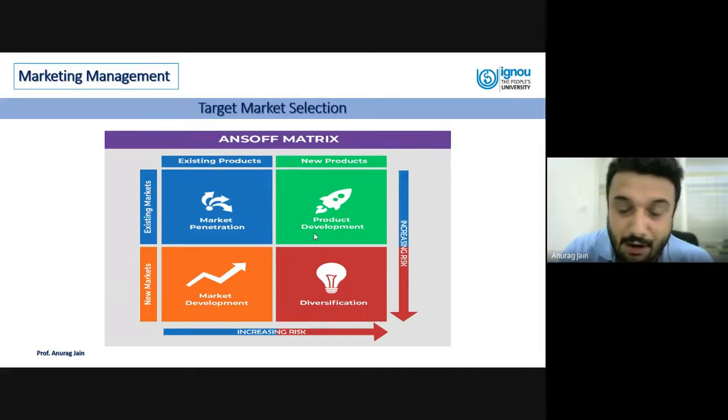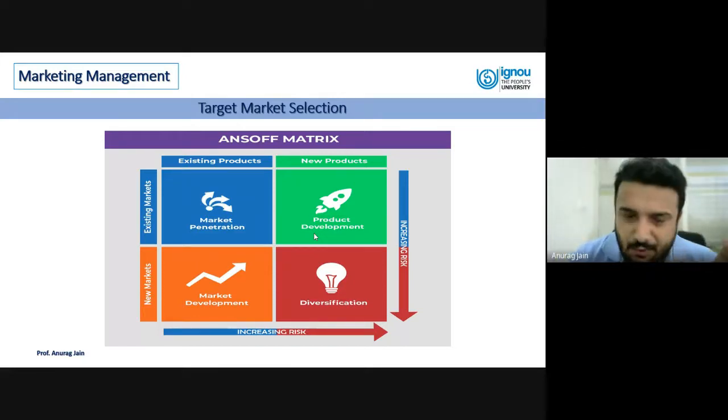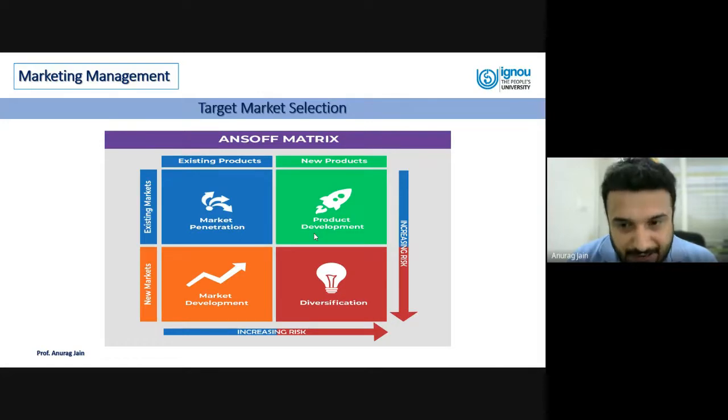So market development can be the third possible strategy. But there is also a possibility where the market is completely new and your product is also new. That is the fourth strategy, known as diversification, best suited if you are going to explore a new market with a new product.